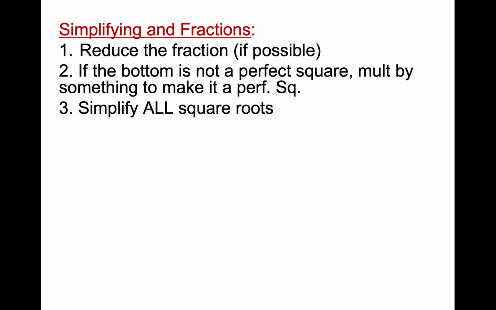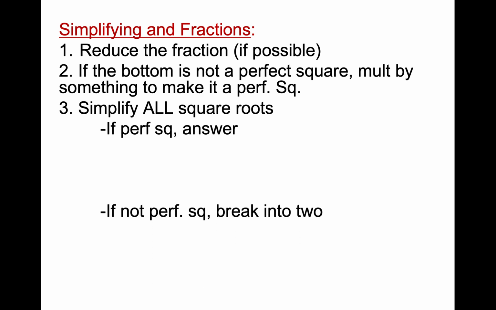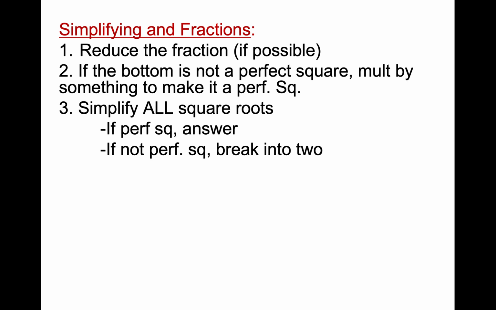Next, we're going to simplify all square roots. Remember, simplifying all square roots, if it's a perfect square, then we just go to the answer. If it's not a perfect square, we break it into two radicals using that product property. And then finally, we reduce the fraction again if possible.